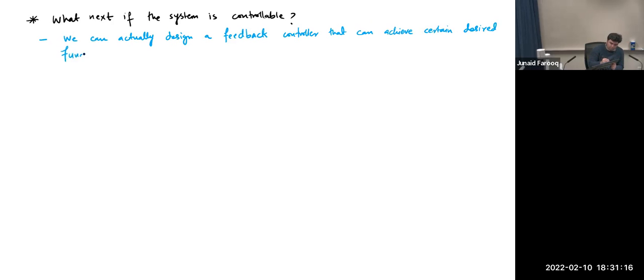So what are those functions that a feedback controller can be designed for? I'll mention just three.